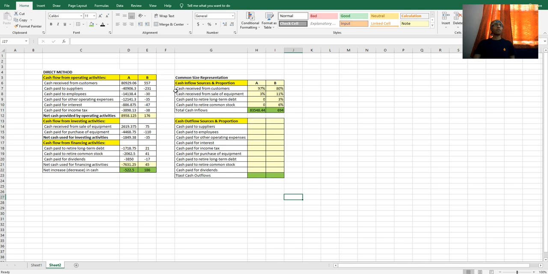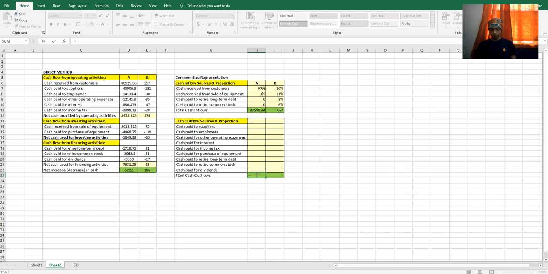97% of the cash received in case of A is from customers, while it is 80% for B. Cash received from sale of equipment 3%, 11%. There is a drastic difference in both the cases. Now we come to the outflows.